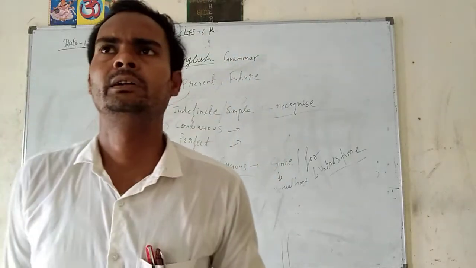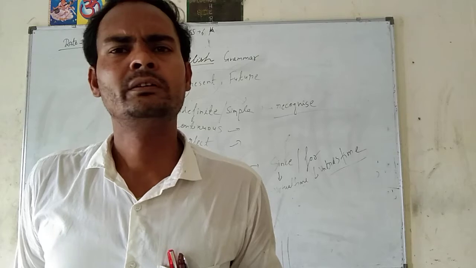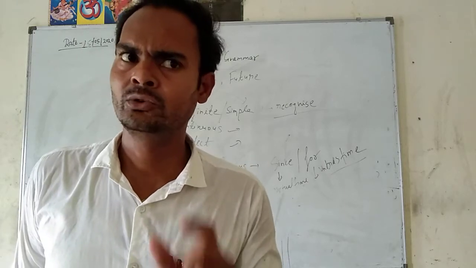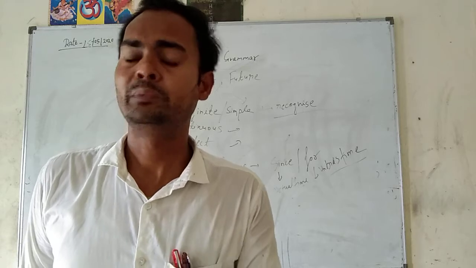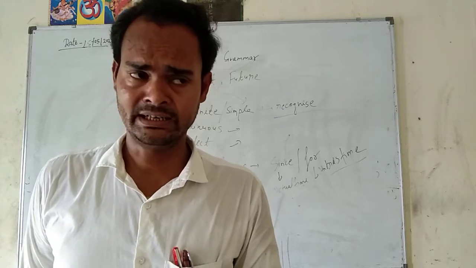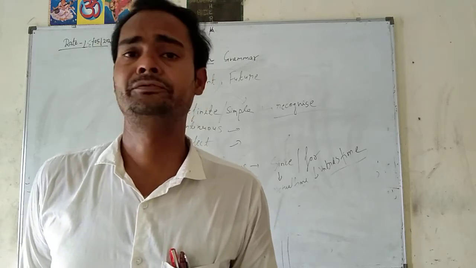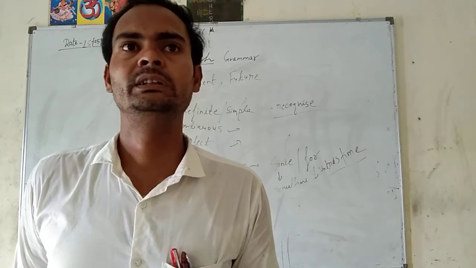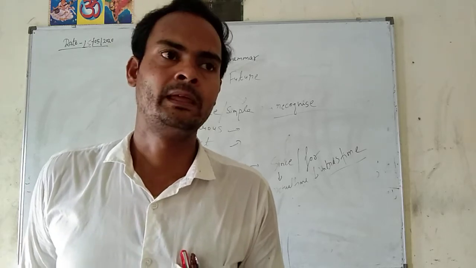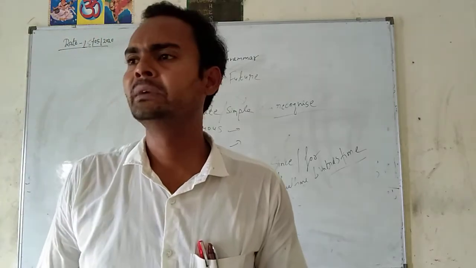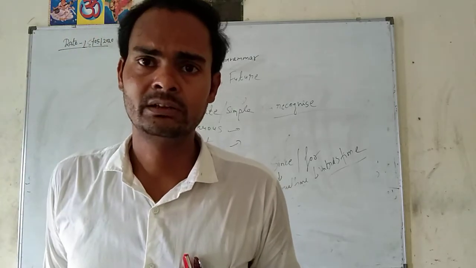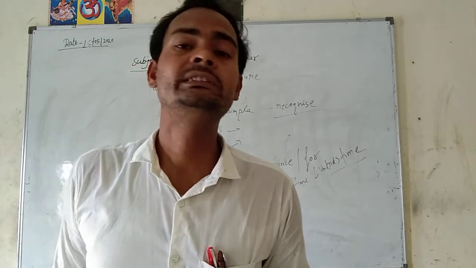Like he is doing a work for 2 days. So 2 days is mentioned, but there is no particular time or date mentioned, whether morning, evening or afternoon. So this uses for, and where morning, evening, a date, month or year is given, these all are used with since.